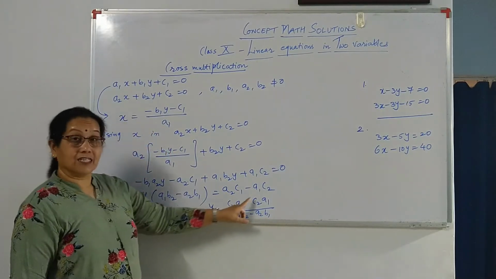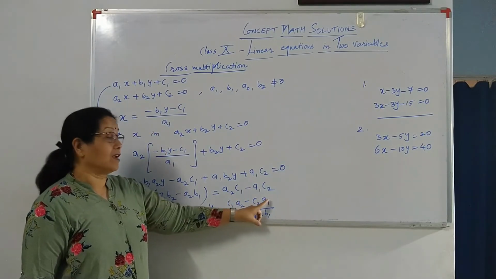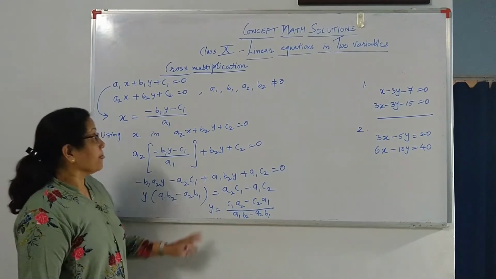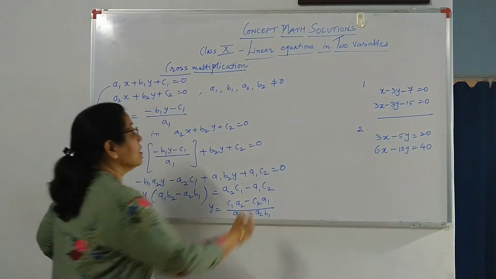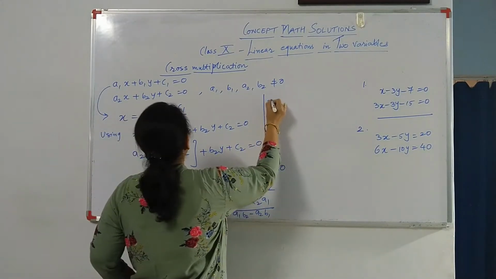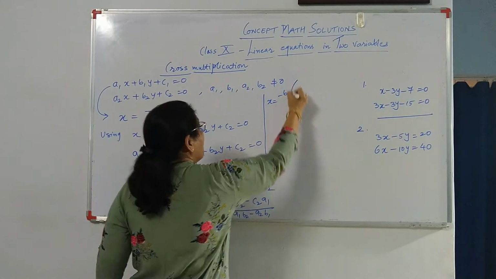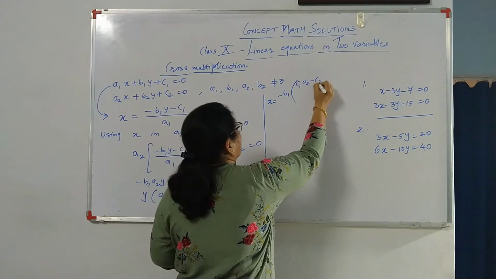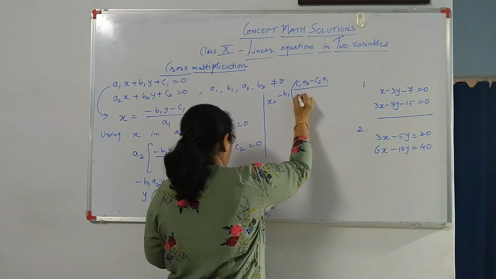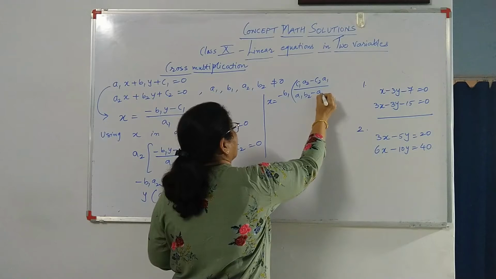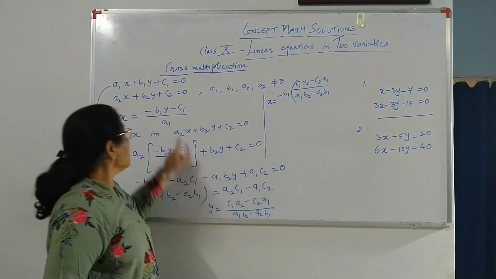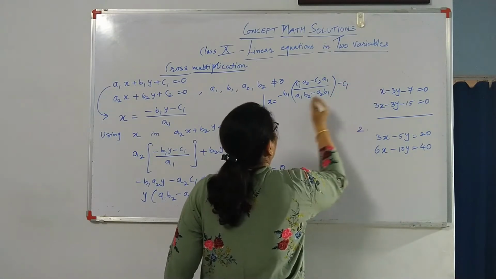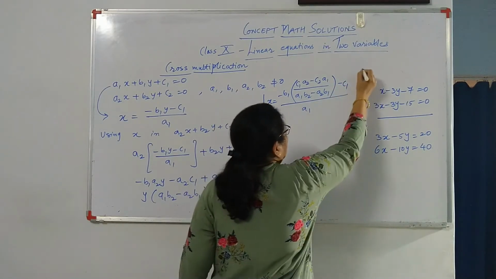Where c1 and c2 are constant terms, a1 and a2 are coefficients of x, b1 and b2 are coefficients of y. Now this y I'll put here to get x. So x is minus b1 times y, which is c1 a2 minus c2 a1 upon a1 b2 minus a2 b1, I have substituted y, minus c1 upon a1.